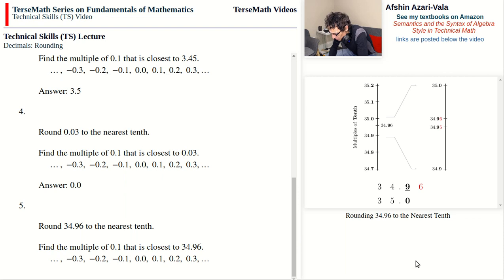And I will discuss this in more detail later on when we talk about measurement systems. For now, you may want to just keep in mind that 35.0 is a more accurate kind of measurement because it's within a smaller division compared to 35, which would fall within a larger division of a unit.